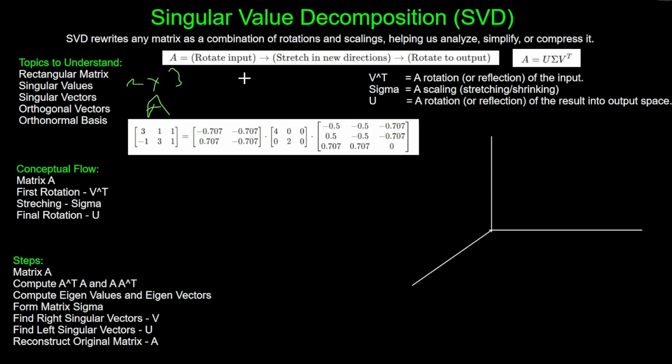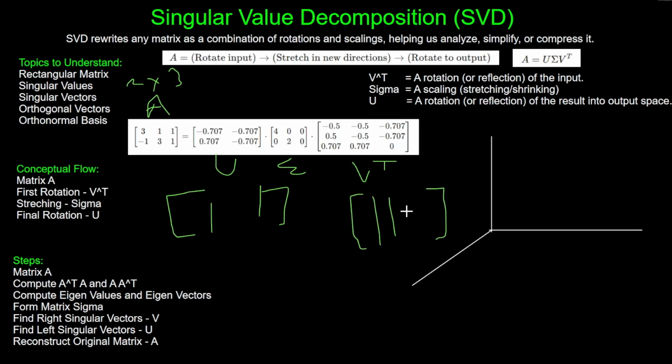So this is the U matrix, sigma and V transpose. The U matrix is a matrix whose columns are the left singular vectors, and V transpose has the columns as the right singular vectors, but transposed.